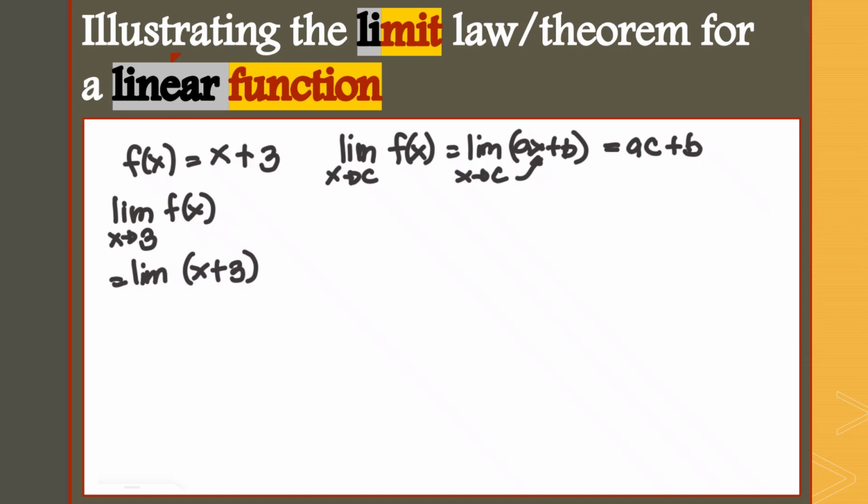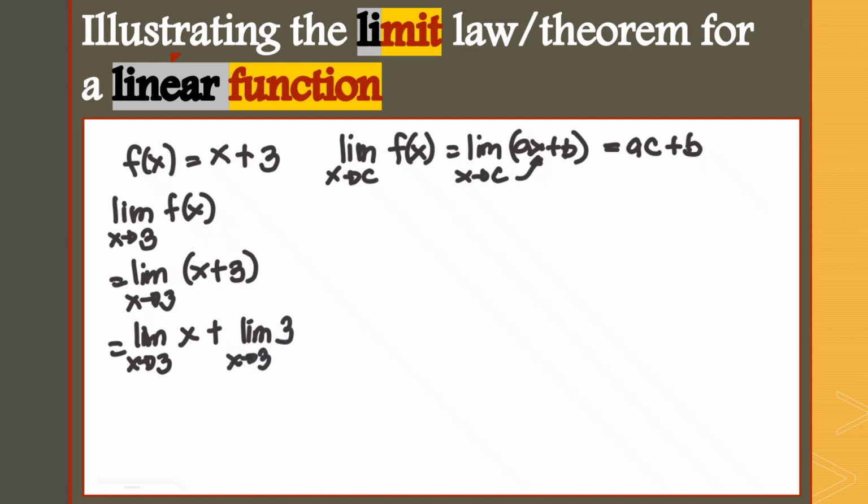I already discussed the idea of involving parentheses, because in some cases, if you do not include parentheses, you're just getting the limit of the first term. The result is the same for a linear function, but let's practice it all throughout. As x approaches 3, you can break this into two forms. You have the limit of x as x approaches 3, and you add the limit of 3 as x approaches 3, distributing the notation.